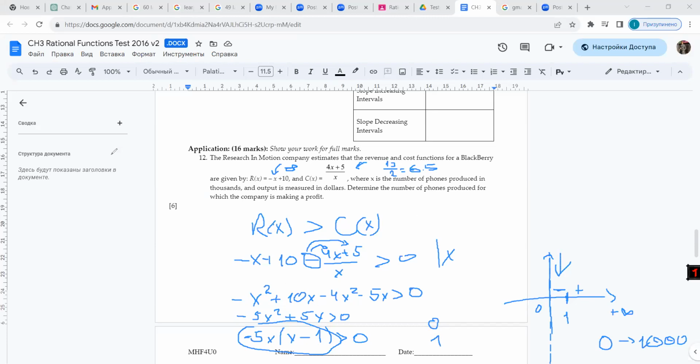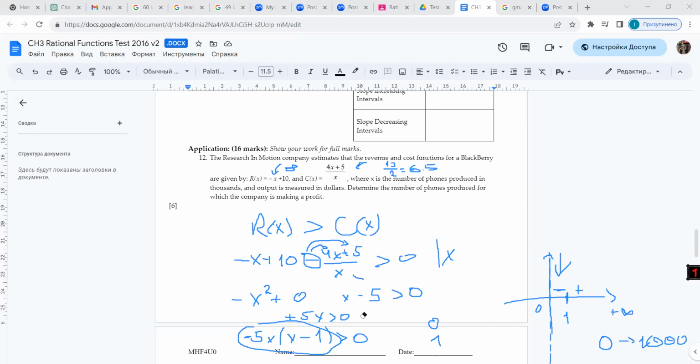Oh, I see where I made a mistake. It shouldn't be negative 5x. It should be just minus 5. Yes, this is where I made a mistake. Just minus 5. You see? Because I multiply by x, and it shouldn't be x squared here, guys. Now it's correct.